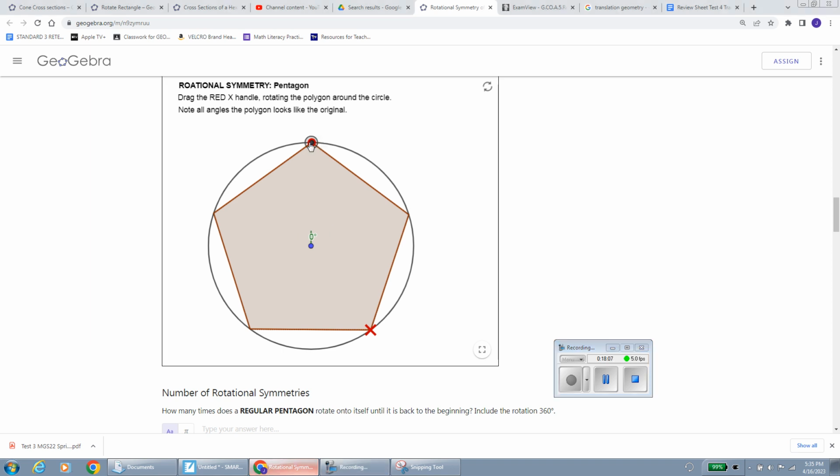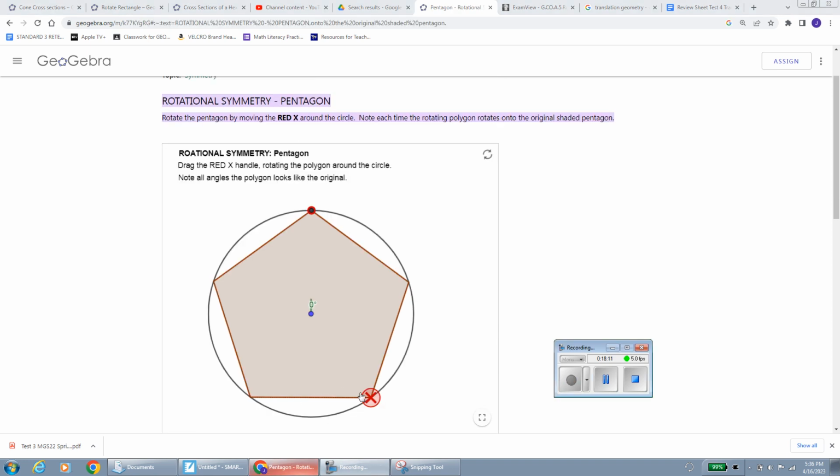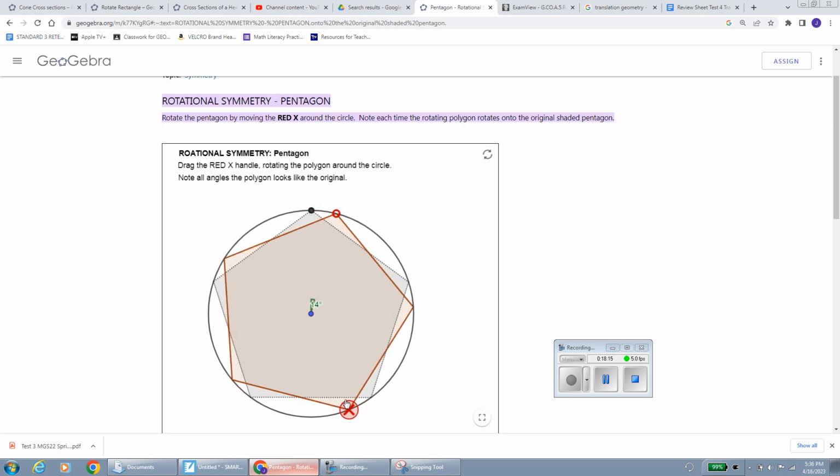And if I rotate this pentagon, so if I start rotating it around its center, notice that it's not matching up exactly to itself. But now it's getting closer to looking like itself, and let's see where it matches up to itself. So that is at 72 degrees. So that's the first time it happens.